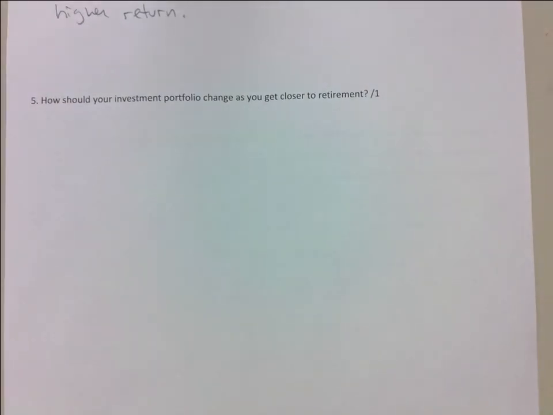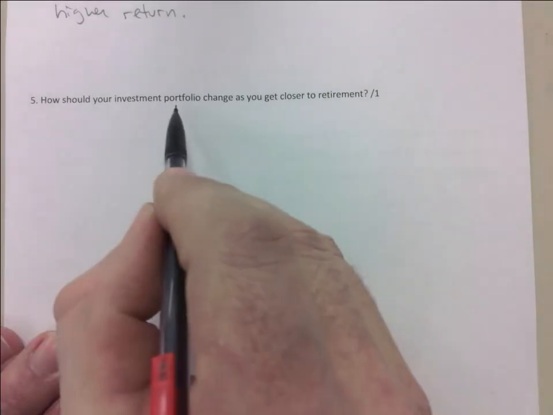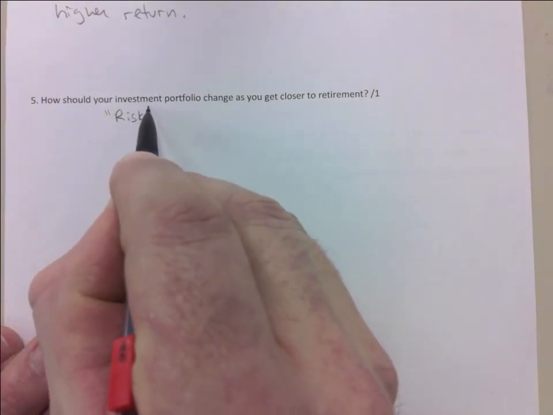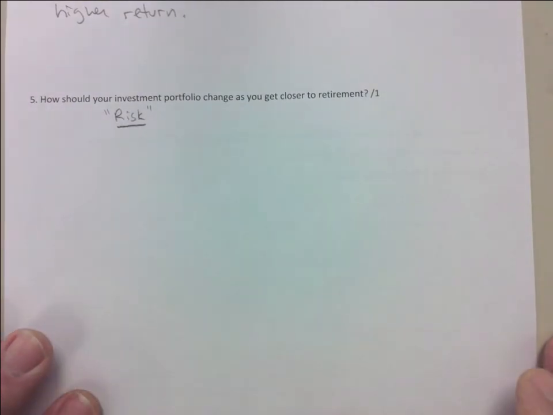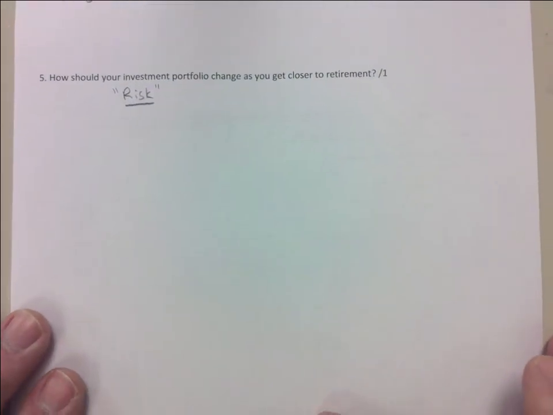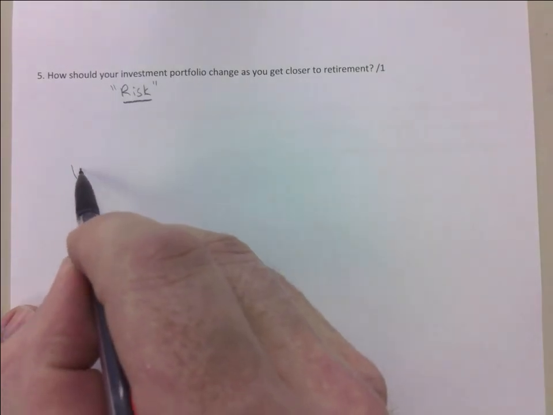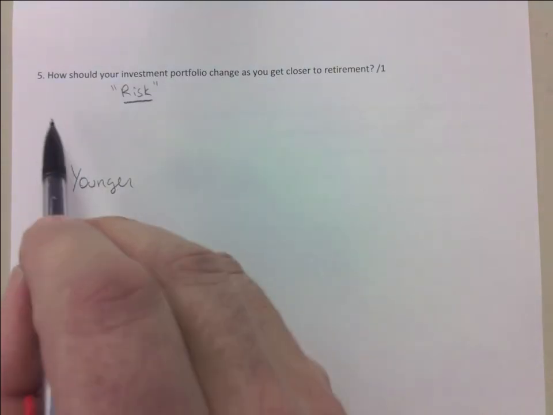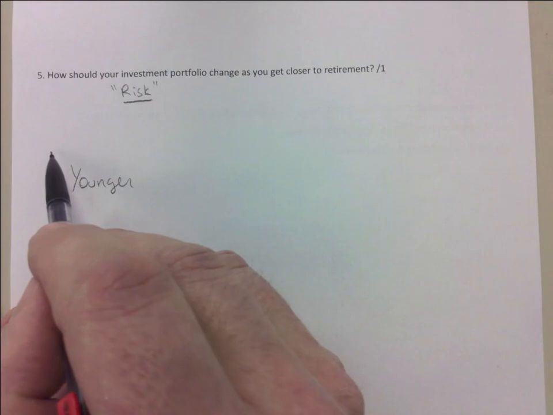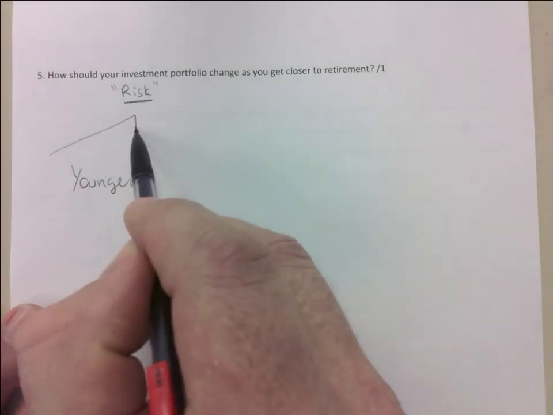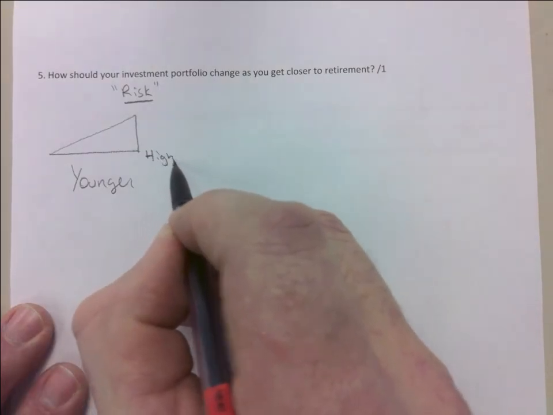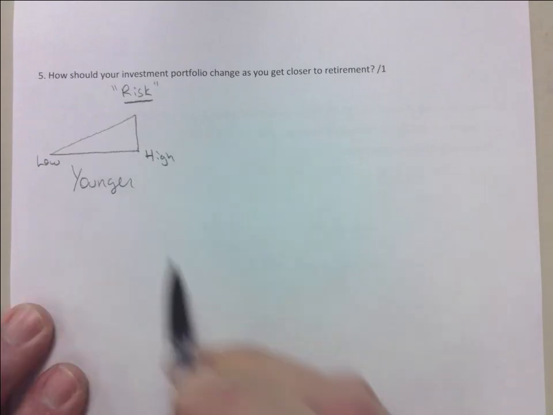How should your investment portfolio change as you get closer to retirement? I would say talk about risk. Let's talk about risk. If you're younger, you can have this, high risk and low risk.